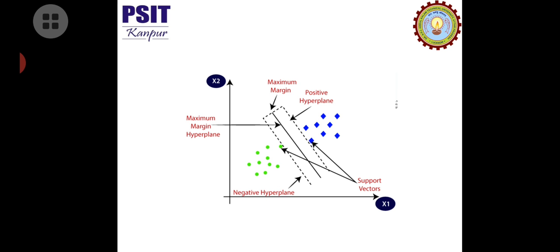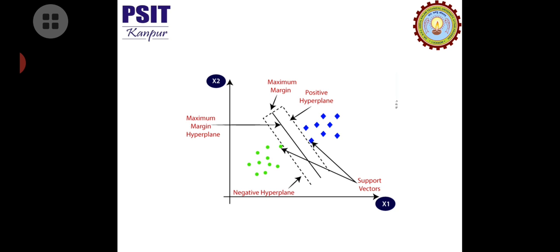So this is your diagram. In this diagram, the green and blue points are support vectors. Now the main line is the maximum margin. The clear, straight line in the middle is the maximum margin hyperplane, and then there are dotted lines.